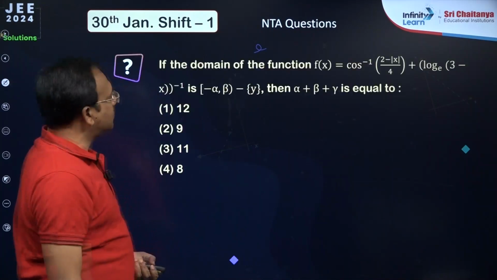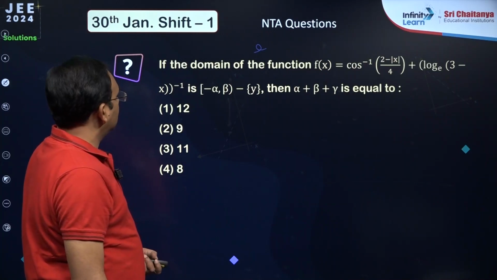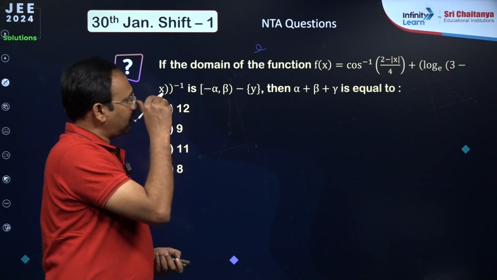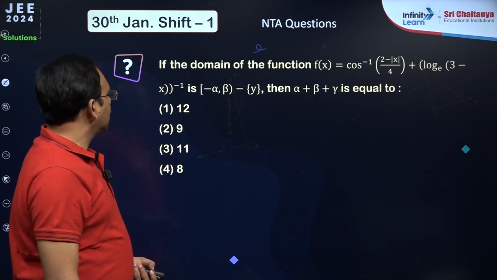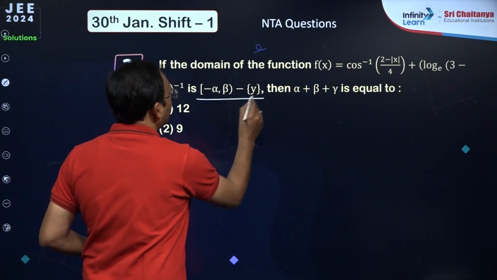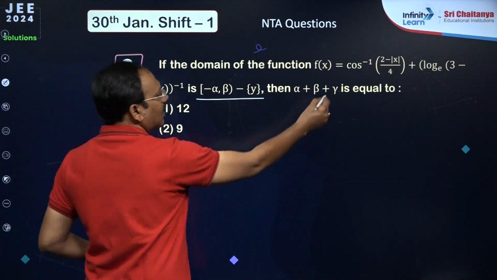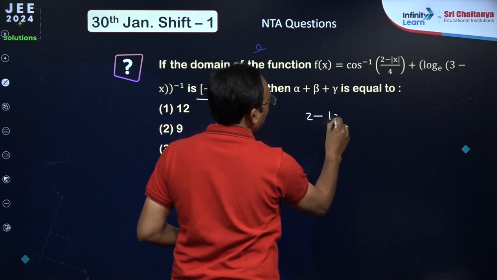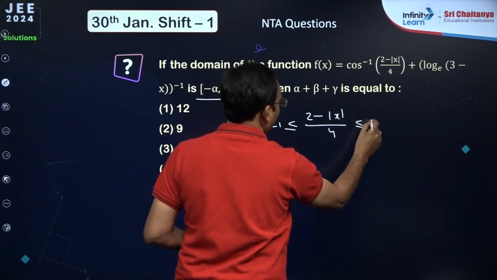Next, dear students, you see this particular question. Given that the domain of this function, cos inverse of 2 minus mod x by 4 plus log of 3 minus x, is given in this format. You need to find alpha plus beta plus gamma. Input of cos inverse must be between minus 1 to 1, my dear friends.